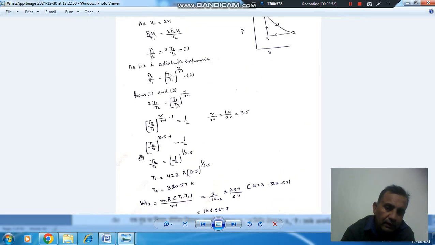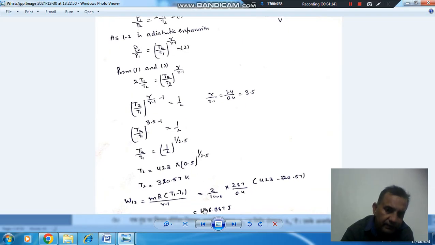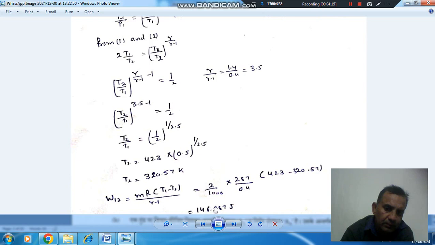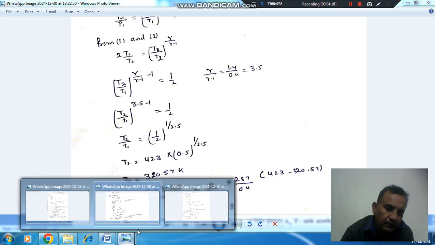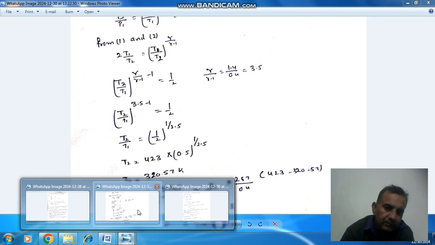As 1, 2 is adiabatic expansion, the work done is mR (T1 minus T2) divided by gamma minus 1. So m is 2 by 1000, R is 287, gamma is 1.4, T1 is 423 and T2 is 320.57. So work done by air is 146.987.